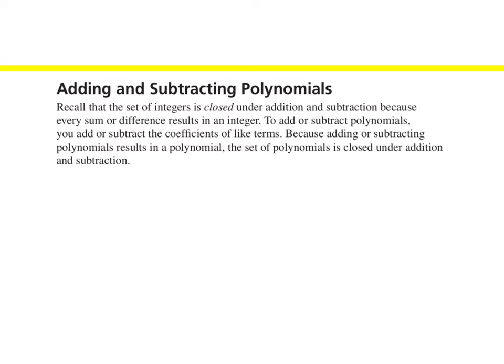In order to add or subtract polynomials, you add or subtract the coefficients of like terms. We can only combine like terms. So if we had 2x cubed plus 4x squared plus 5x cubed, we can only combine the cube terms together, and we do that by adding the coefficients together.